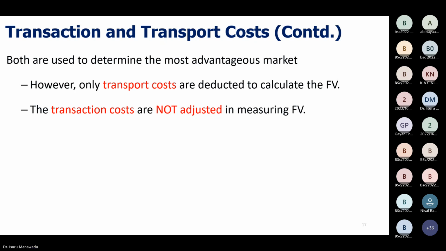However, only transport costs are deducted to calculate the fair value. Transaction costs are not adjusted in measuring fair value, right? Only transport cost should be deducted to identify the fair value of that respective market. You must remember this well.